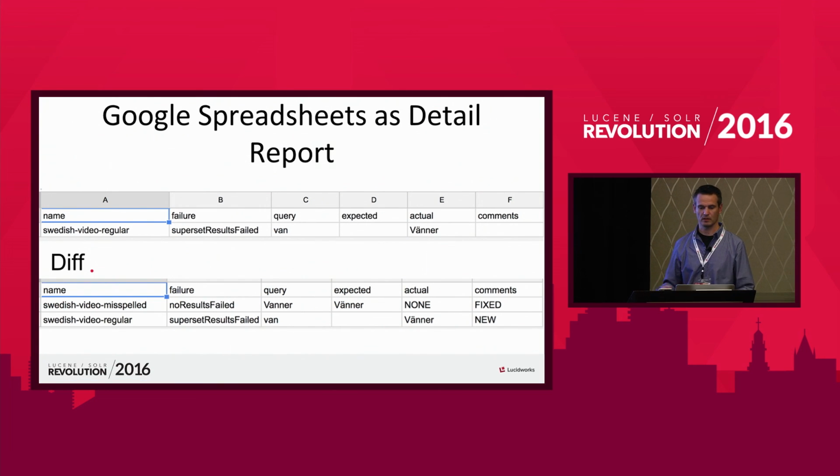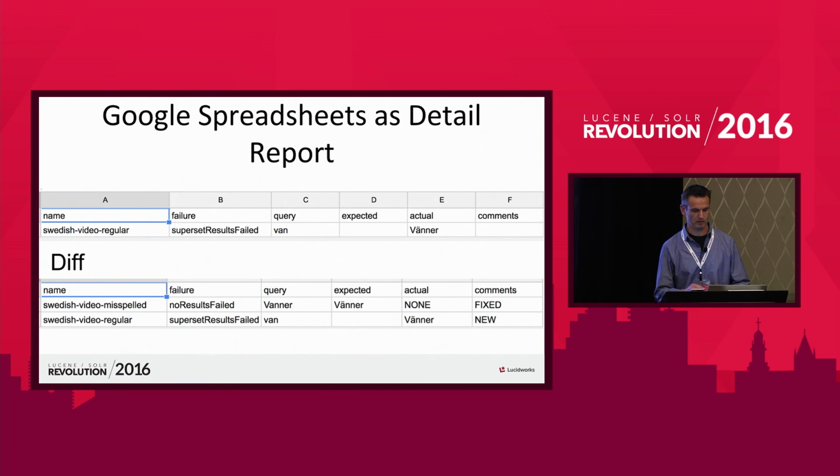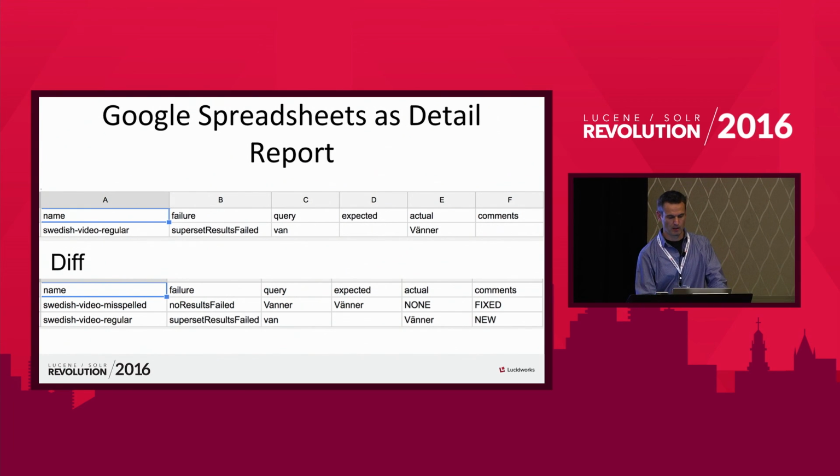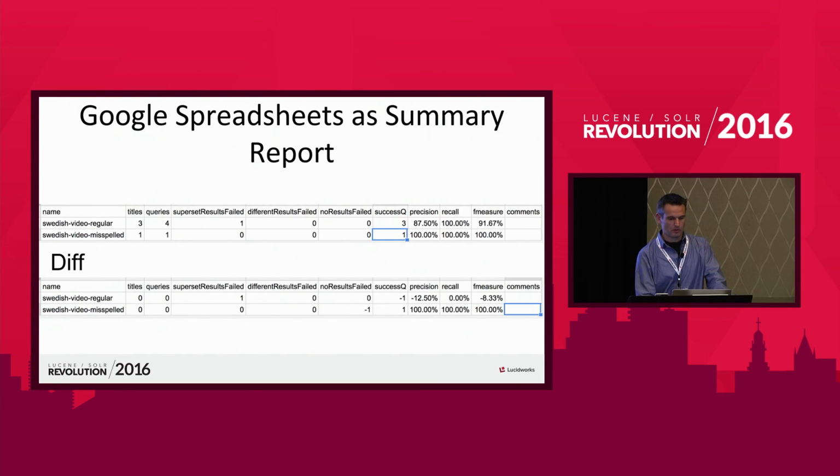So you can have an idea like, oh, I just fixed my ASCII folding bug, but I broke a bunch of other stuff. It also produces some basic metrics like precision, recall, F-measure, and by category what kind of queries failed. In this case, we just used the Swedish video example of regular versus misspelled queries.